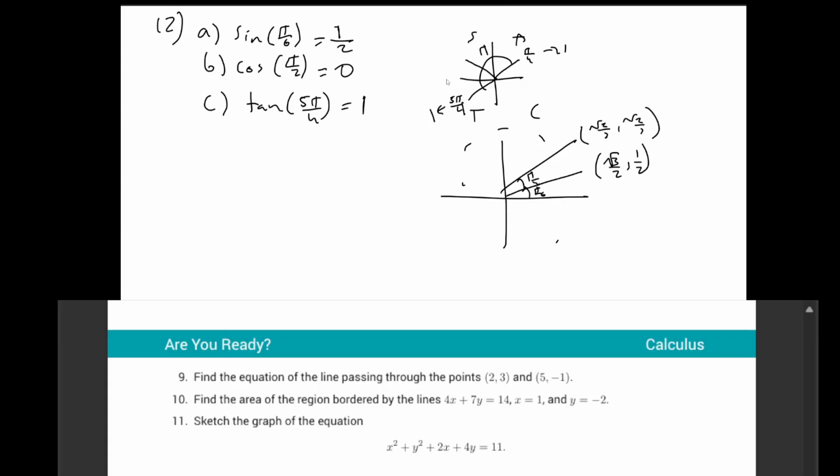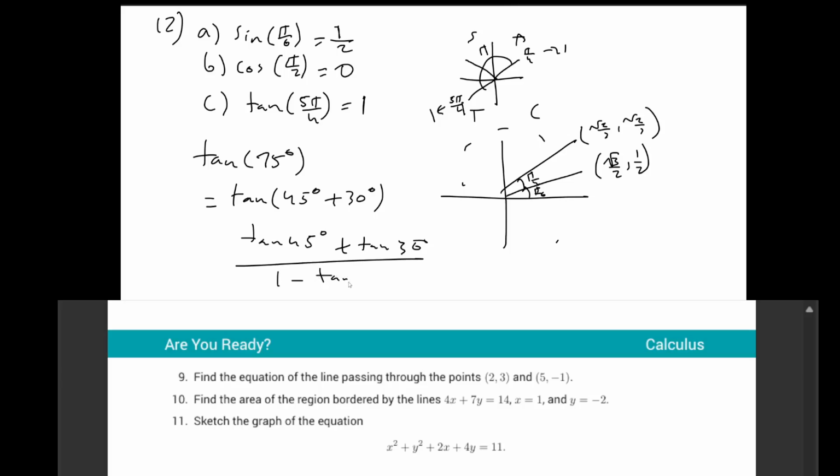Either you leave it that way, or in an MCQ case, if it gives you the numerical value, the only other way of getting it, if you know what I'm talking about here, tangent of 75 degrees, for example, is the same as tangent of 45 degrees plus 30 degrees, and then you can use the tangent angle sum formula, so it'd be tangent 45 plus tangent 30 over 1 minus tan 45 tan 30. So you need to know this, but I don't think they'll do that.